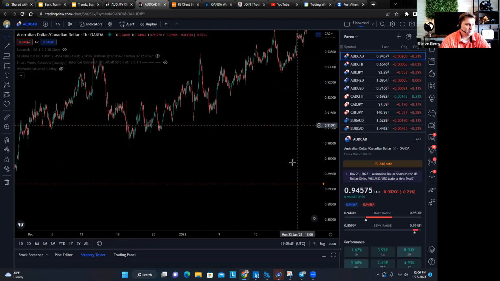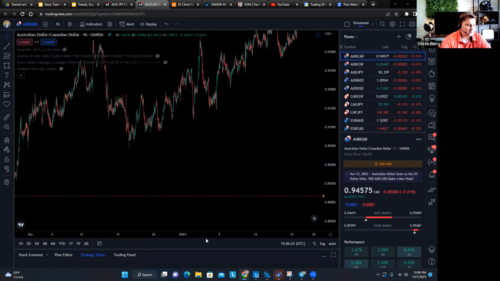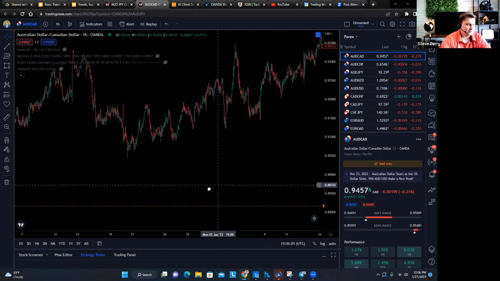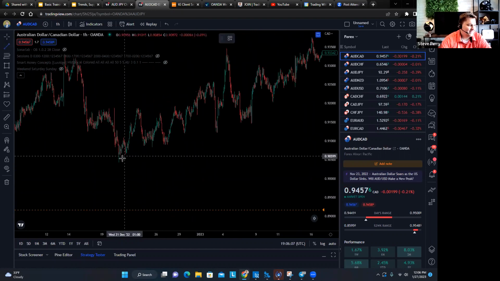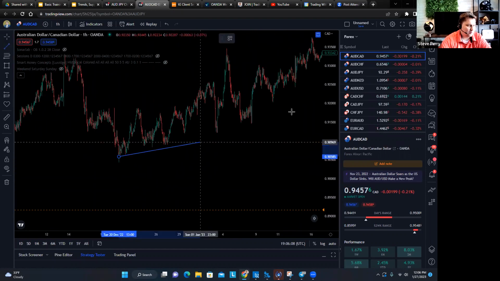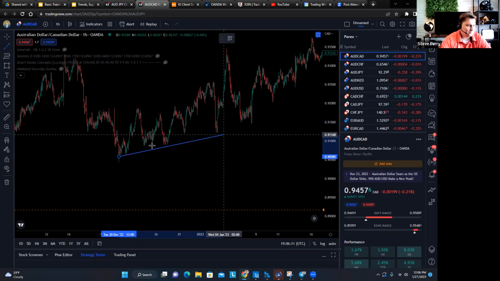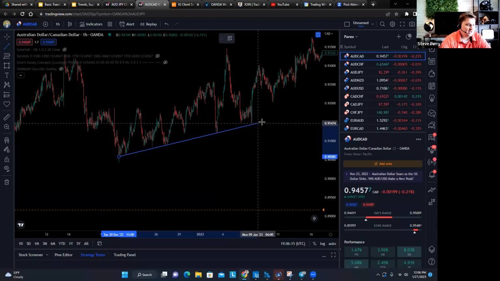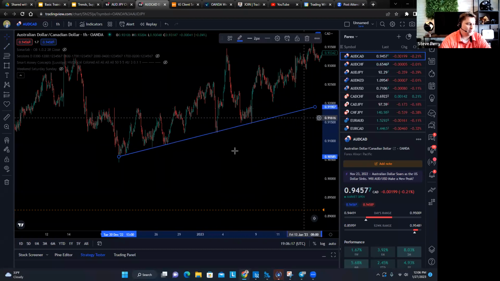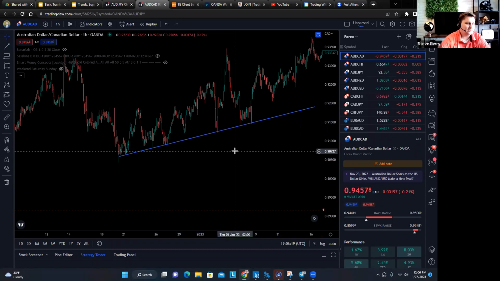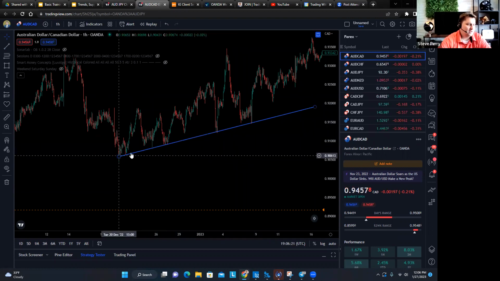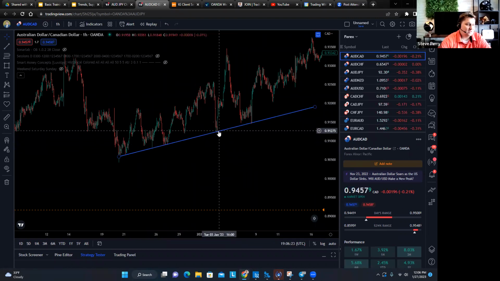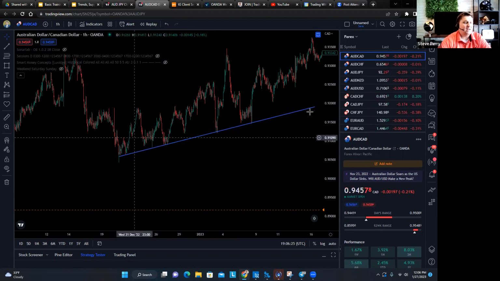Here's what I like to do. If you're going to draw a trend line, and it's so simple, go from point A to point B, and you have to have a C. And you can have a D, and you can have as many beyond that. But the requirement is that you have point A, point B, point C. And then anything beyond that's great.